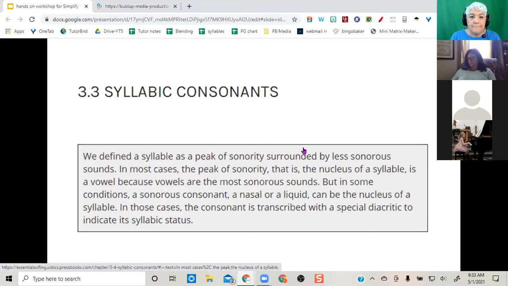And so the nasals. Now we don't really have words in English where the ng is a nucleus of a syllable, but we do have other times when these L, R, N, and M's cause trouble.